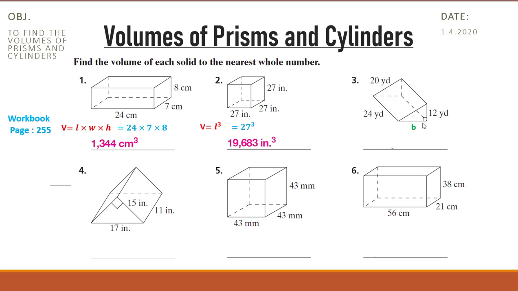How to find this? This is a right angle triangle. I have this side 12 and I have the hypotenuse 20. How to find the length of the third side? Pythagorean theorem. Yes, use the Pythagorean theorem. So the length of the third side is 16.